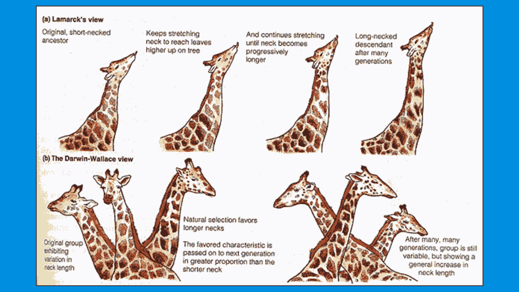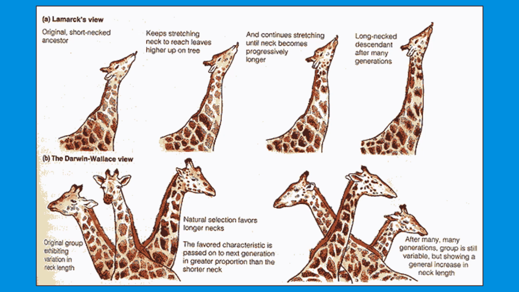So according to Lamarck, the neck of the ancestor of giraffe was short, but because of repeated use and stretching of the neck, it became longer. But according to Darwin, the original group of giraffe ancestors were exhibiting variation in their neck length.